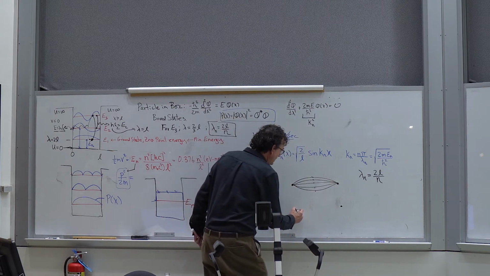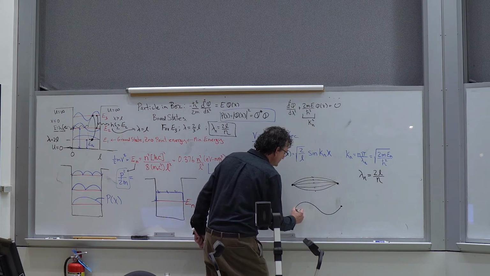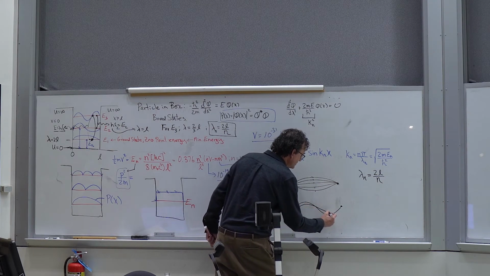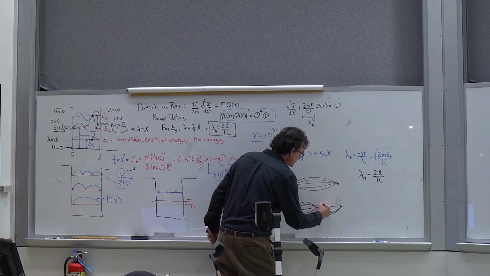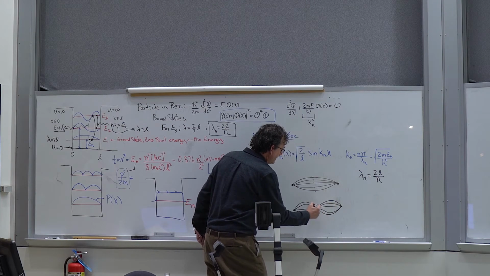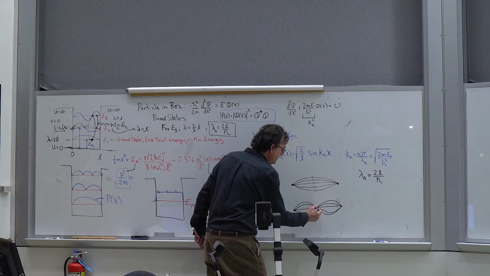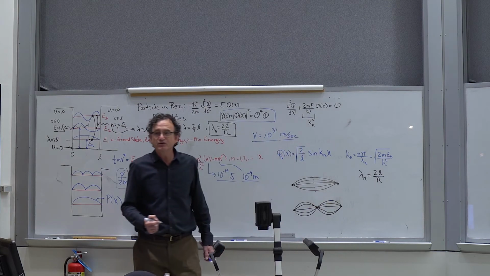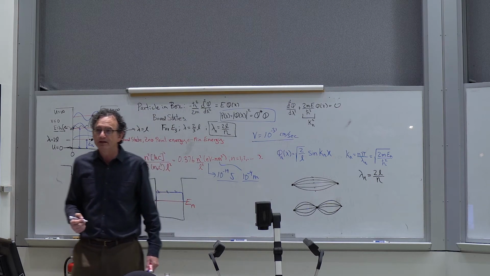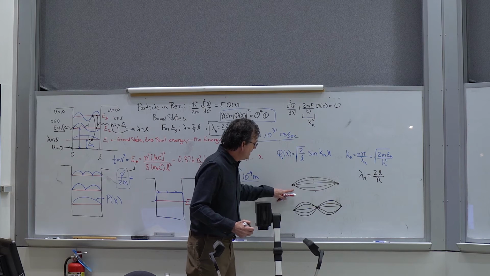if I have a higher harmonic of this, then I might have one in which it does this, and then it does this, and then this, and then this, and then it starts to go back and does this again, and then the amplitude decreases. But there's a point in between here where the string has 0 displacement. Right? And this is called a harmonic of the fundamental frequency.